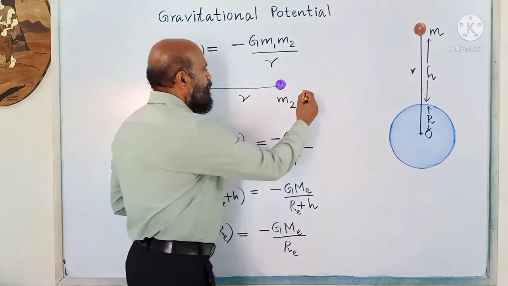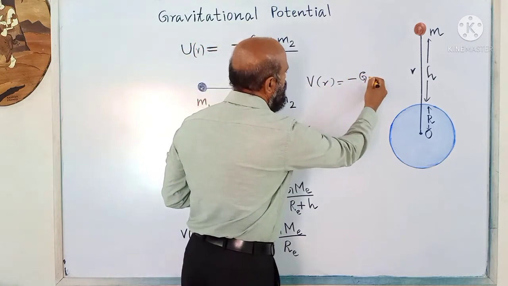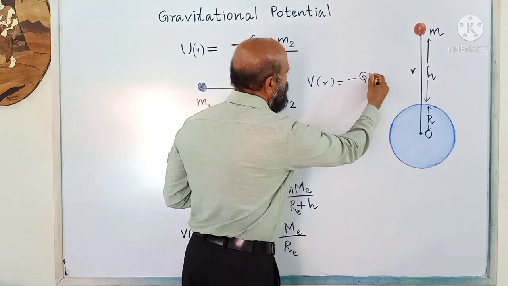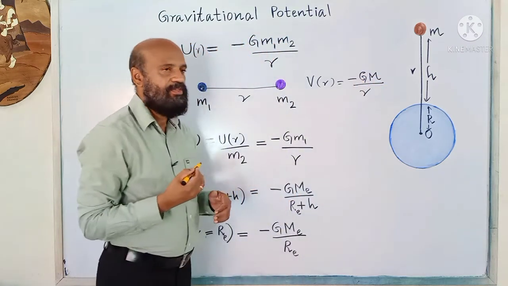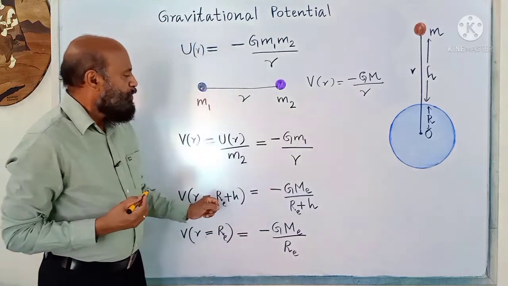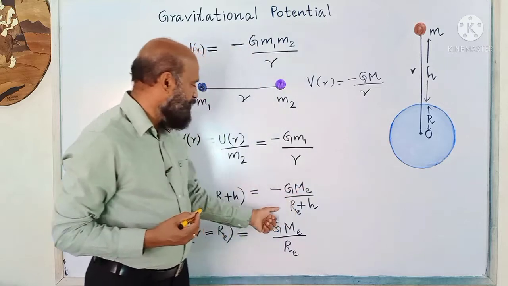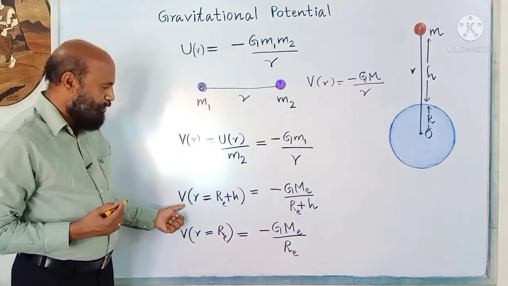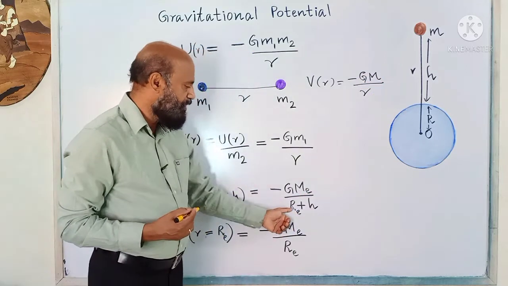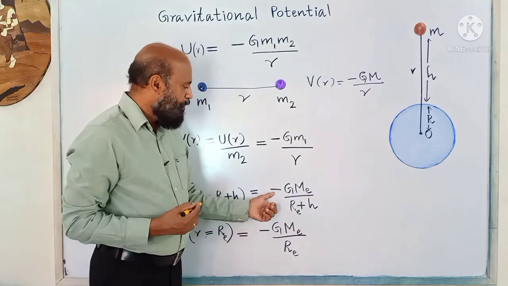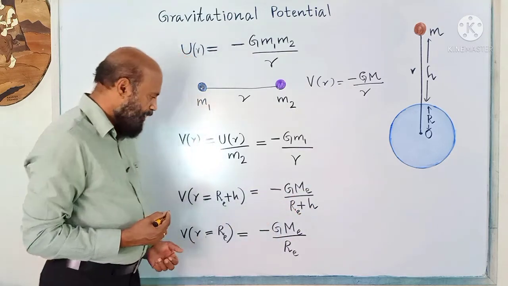So generally gravitational potential can be written as minus G, then mass of the source M, and by distance. So now this distance is Re plus h. So this is the gravitational potential at a height h from the ground, minus G Me by Re plus h.